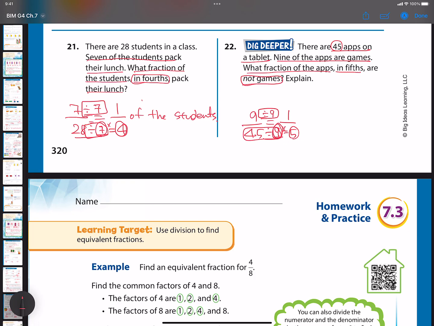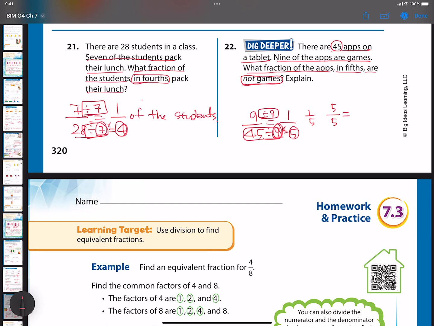So this is not your answer because these are game apps. Okay, game apps are what? 1/5 out of all the apps. But the question is what? Are not games. So how many apps are not games? That means what? You have to take away 1/5 out of 5/5, which is the whole entire apps.